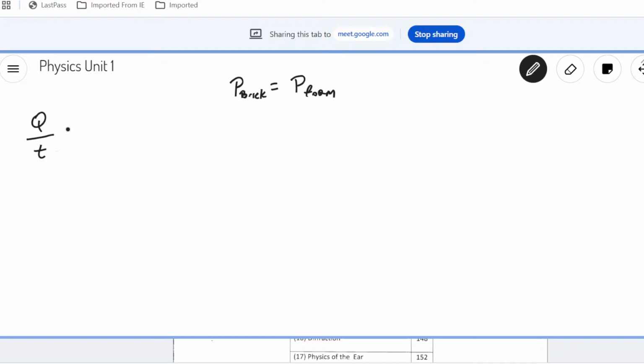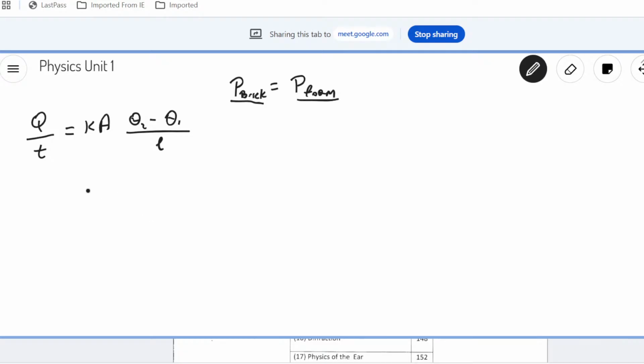We know the formula for conduction is this, theta 2 minus theta 1 over L. For them to have the same effect, these need to be the same.